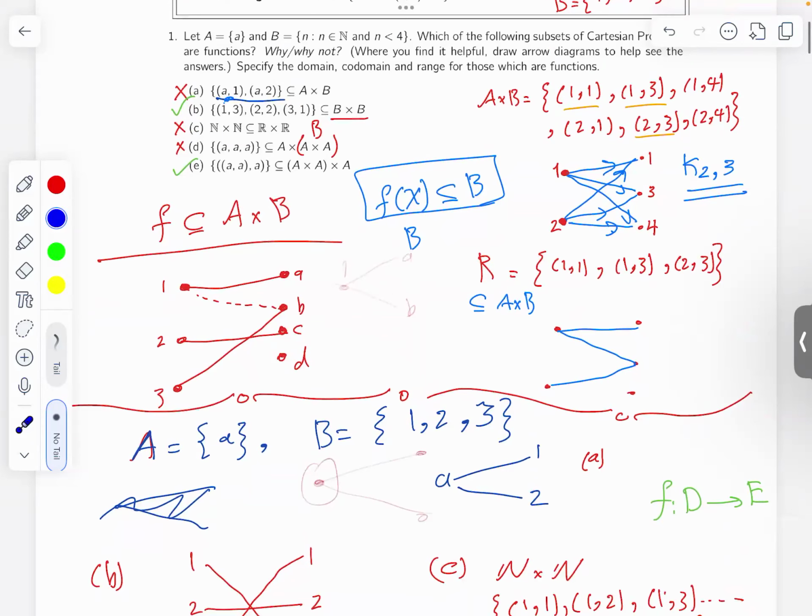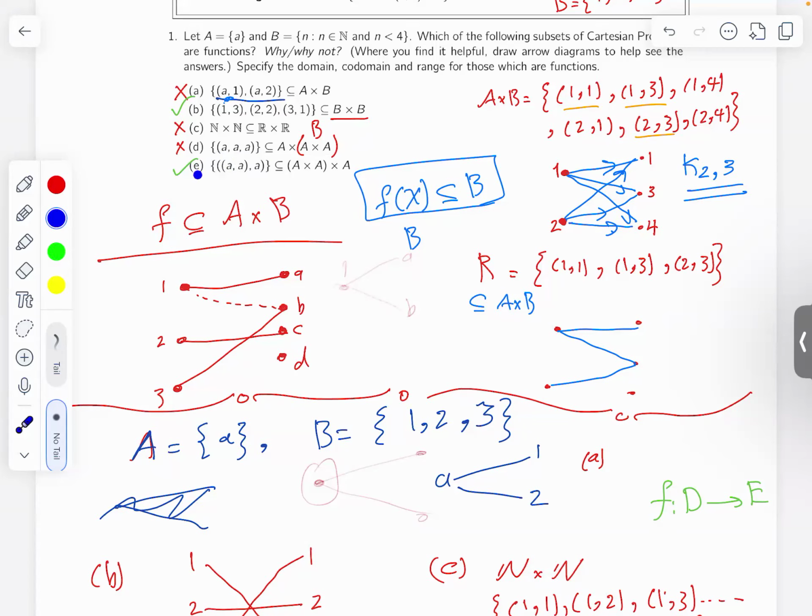Part D depends on A. So it's not one, two sets. The function should be a subset of A times B, the product of two sets. If we had A times A inside parentheses, or the second and third one inside brackets, it would be a product and it would be a function. But here we can't say that.